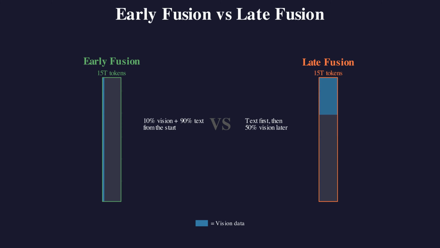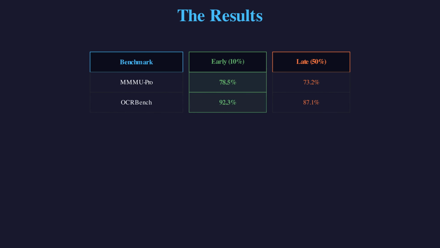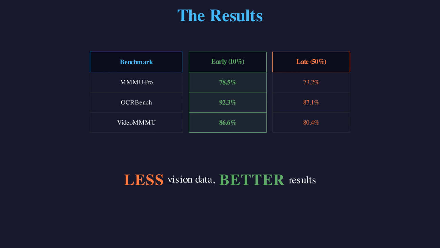Early fusion means mixing 10% vision with 90% text from the very first training step, keeping that ratio constant across all 15 trillion tokens. Late fusion means starting text heavy and then gradually ramping up to 50% vision data later in training. Early fusion destroyed late fusion on every single benchmark they tested.